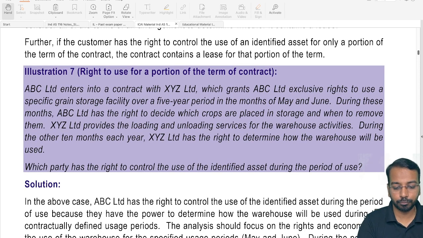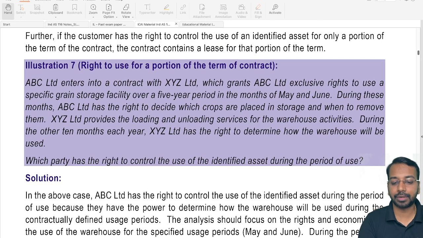ABC enters into a contract with XYZ, which grants ABC exclusive rights to use a specific grain storage facility over a 5-year period in the months of May and June. So now the contract is designed in a way that in the entire 5-year period, only in May and June can the customer use it. So can we say that here the customer has a right to direct the use?